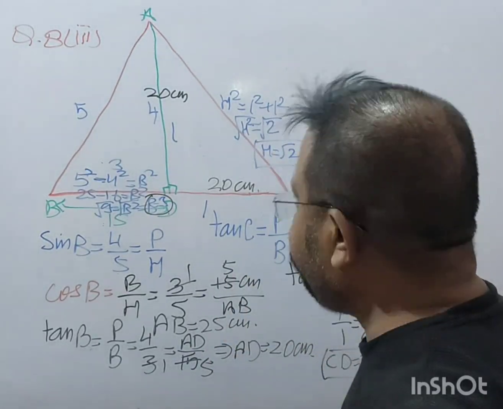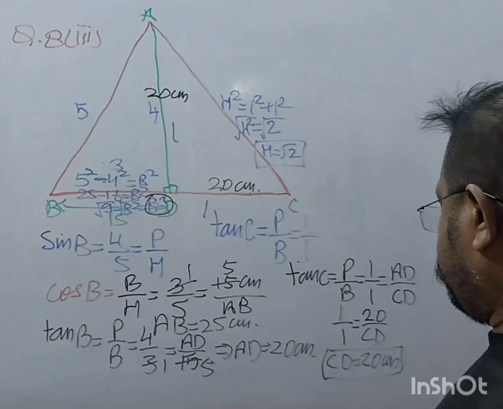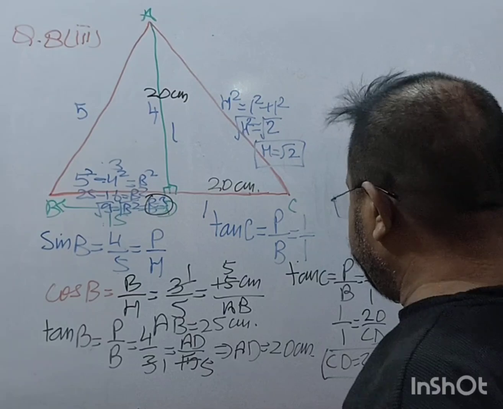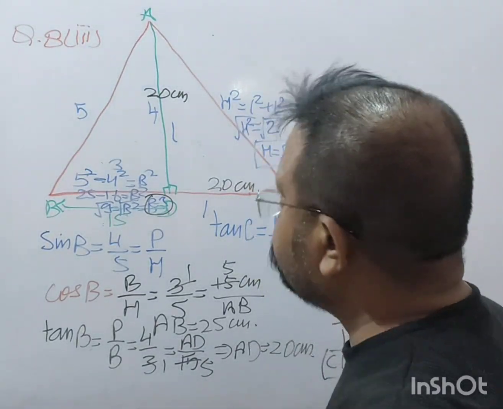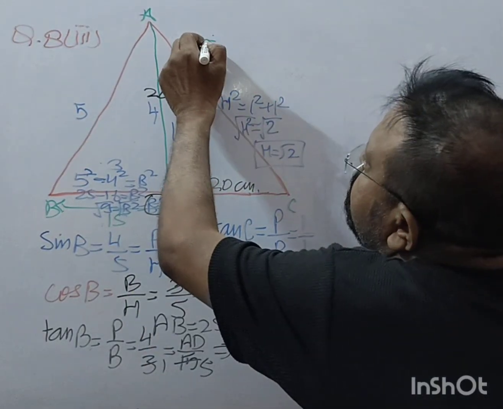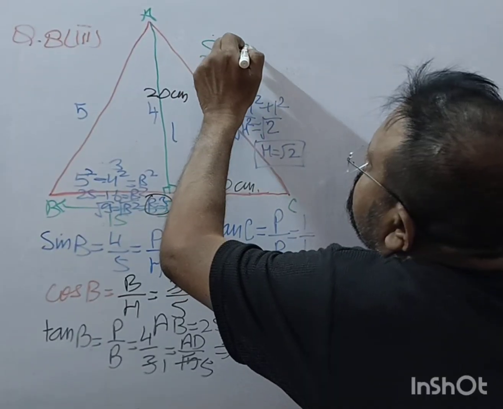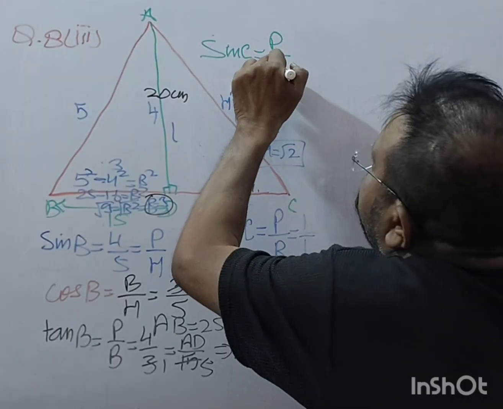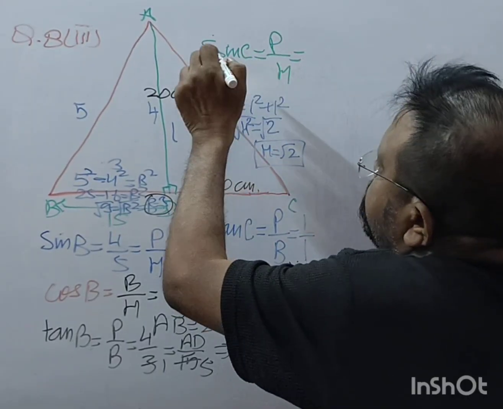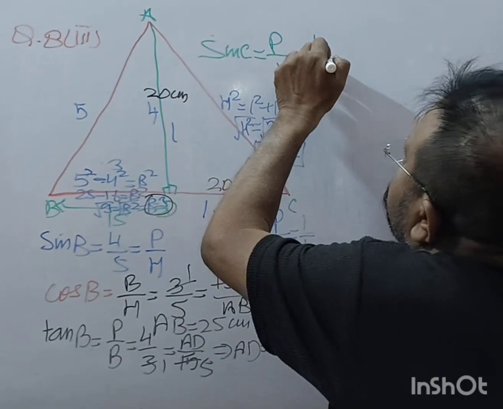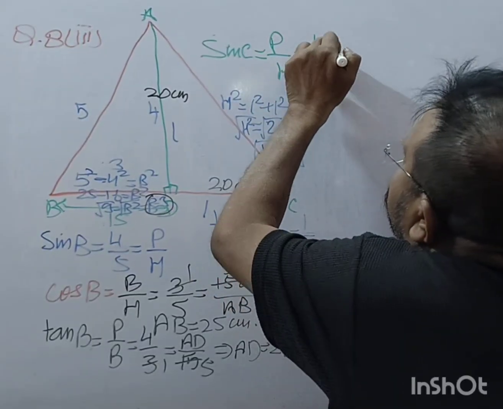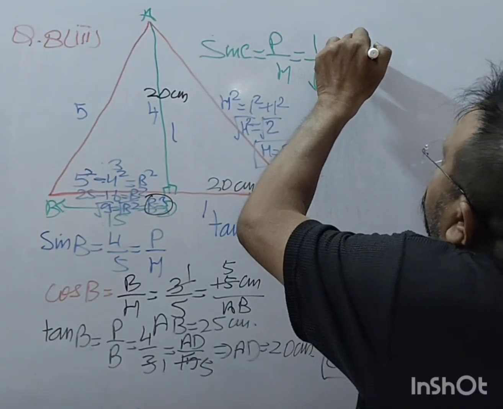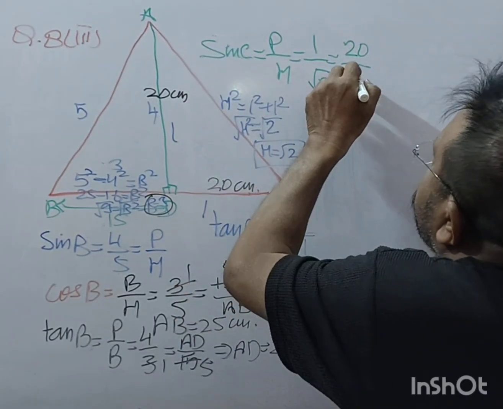If I take sine C, sine C is perpendicular upon hypotenuse. So it is 1 upon root 2 and perpendicular is 20 upon AC.